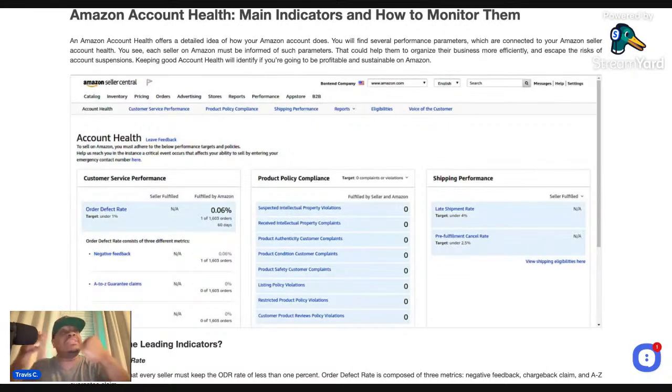But if they have to step in, or the customer has to do a chargeback, or they leave you bad feedback, or they have to file an A to Z claim where Amazon has to mediate between you two, it is going to go against this part of your account. And again, we want to stay at 1% or less to keep our account healthy. So that's 1 out of every 100 orders, right?